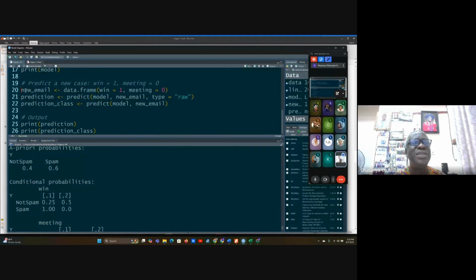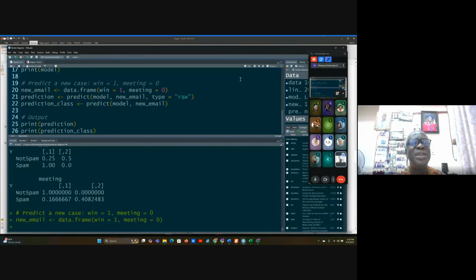Line 20 gives the new data, the new email that we have. So we run that. The machine has taken note of that, and then we can use the predict function to predict the category it will fall into. So we can run this.